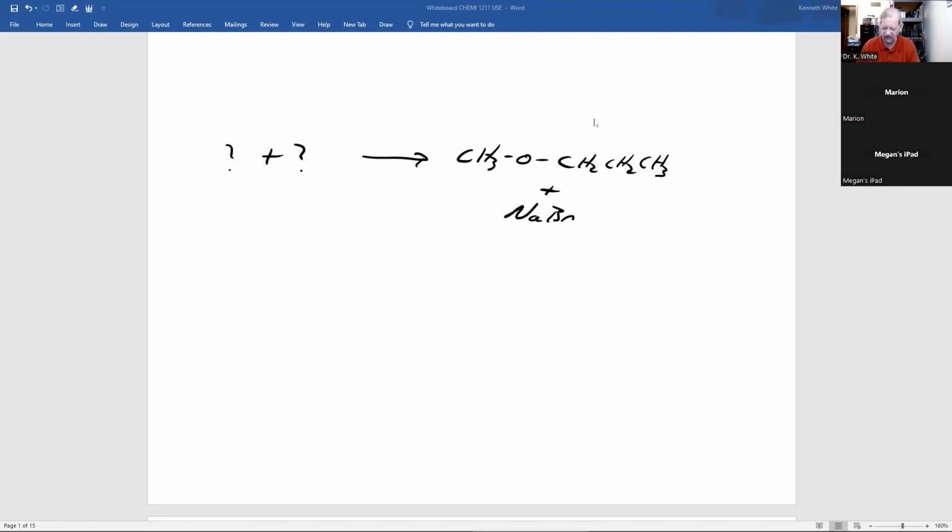And everybody's finished. So what you need to do is, what product are we making? What's different? What's not carbon? Ooh, an oxygen. Carbon's here, carbon's here. This is an ether. Plus, we've got a salt.